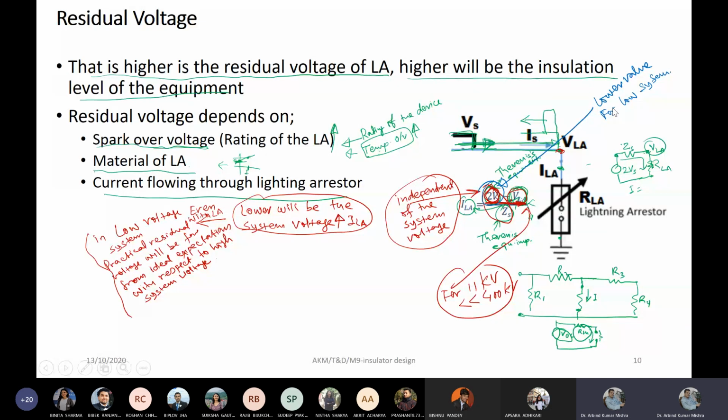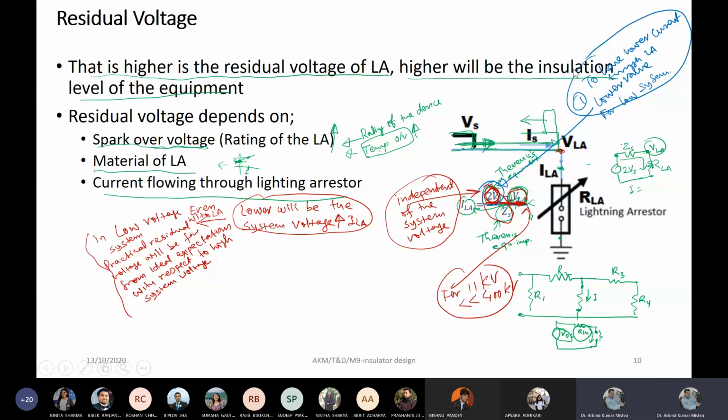Alternatively, the second thing we can do to reduce the lightning arrestor stress is to have lower current through the lightning arrestor. This is the option.